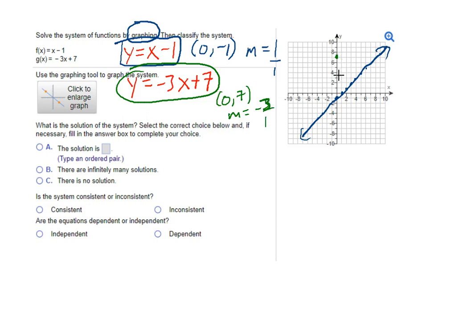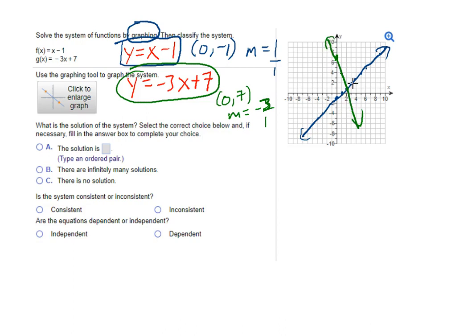Down 3 takes me down to 4, and to the right 1 would be right here. I want to make sure it hits the other line exactly in the right spot, so I'm going to do it again. Down 3, to the right 1, and it actually lands directly on this point that we already have on the other line. And so there is my second line. It should go something like this, and also up this way.